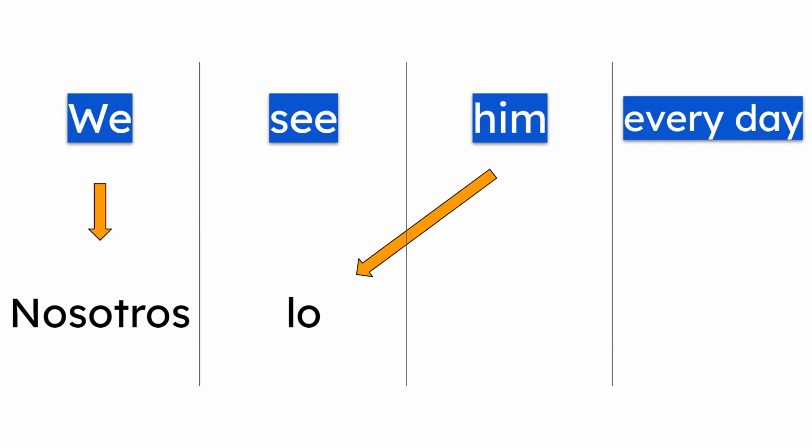That's right. Nosotros lo. And now the verb to see, which in Spanish is ver, is conjugated as vemos. Correcto. Nosotros lo vemos every day.